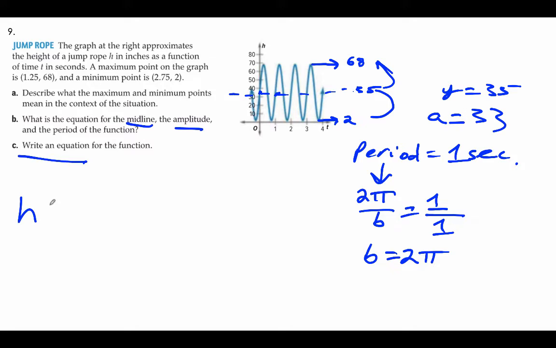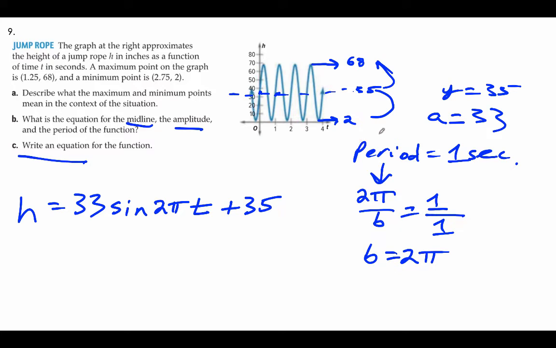Equation h for height equals amplitude. I went up 33 and down 33. Sine curve here. I did a b of 2 pi, and that's t instead of theta or x, and my whole thing started up 35. I got myself a vertical shift of 35, an amplitude of 33. That's where I get my 68 and my 2, up 33, down 33.